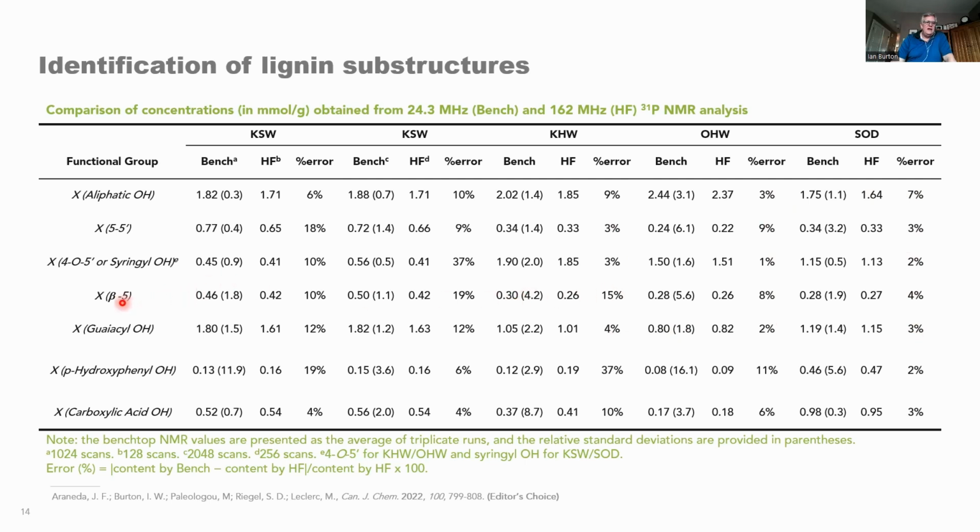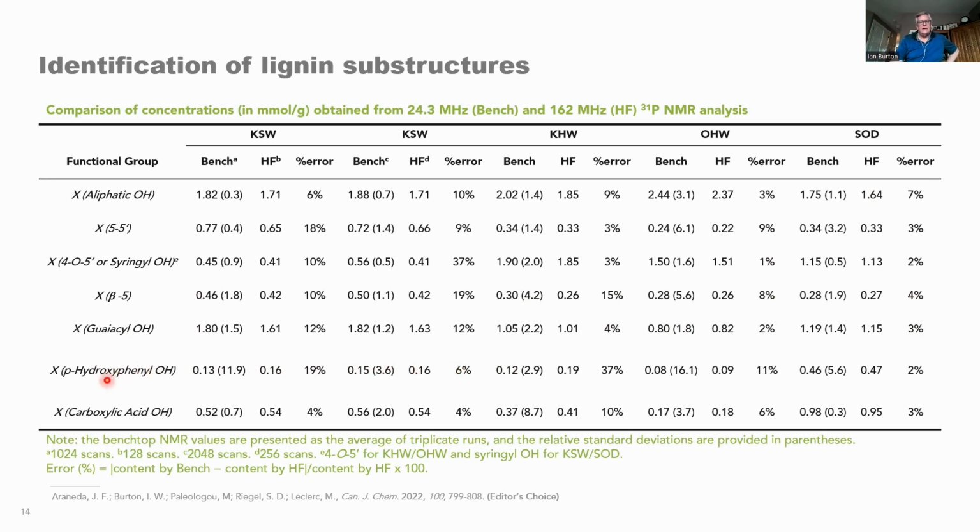So primarily the p-hydroxyphenyl, you're getting very low in your amounts, and the signal to noise of your integrals is very low. So you get very large differences between high field and low field.